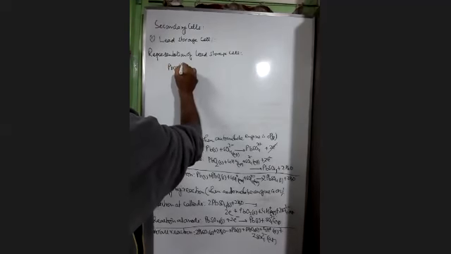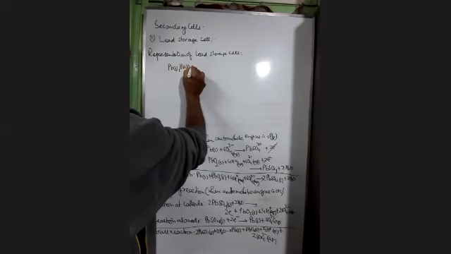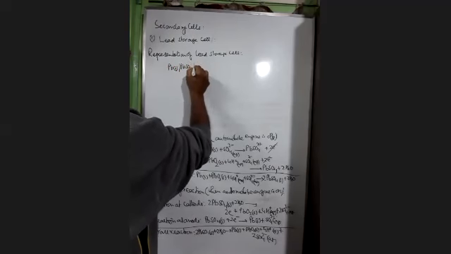So we are supposed to write anode on the left and cathode on the right. So now we know this is the anode. Then what you have here? Lead sulfate. Because in a cell, you are supposed to write the electrolyte also.